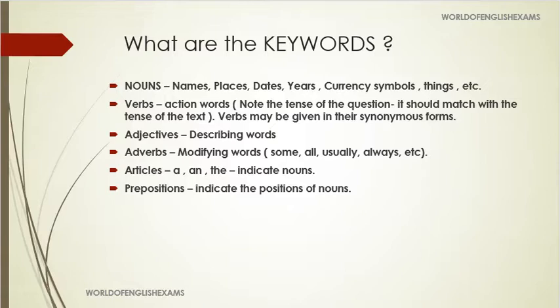Only then we can relate it and we can get the right answers. And verbs can be given in their synonymous form. So it is very important for us to learn and understand synonyms. We will look at a model answer so that we'll get to know how it can be synonymized.